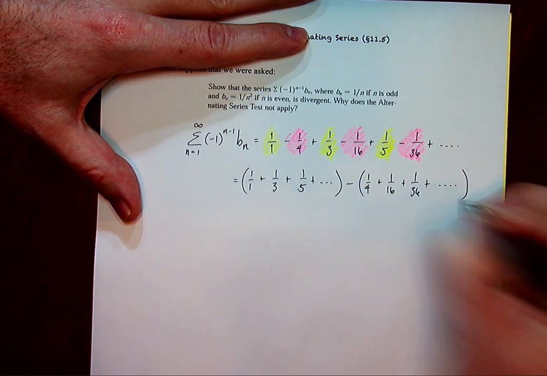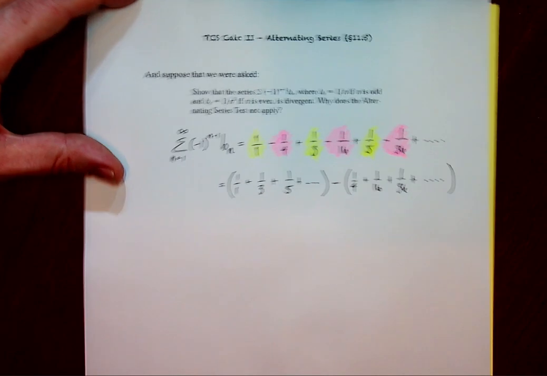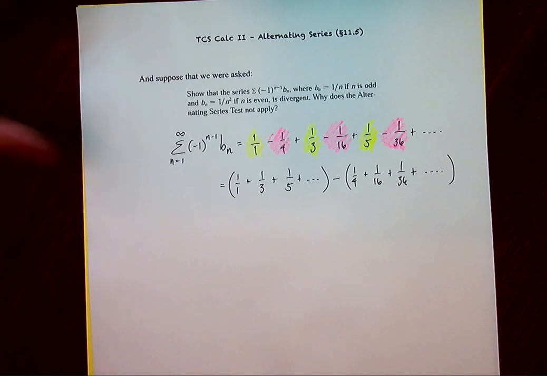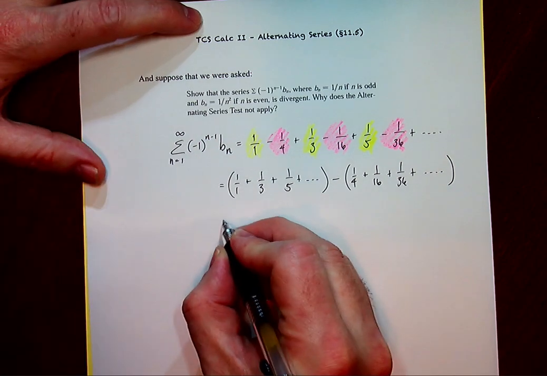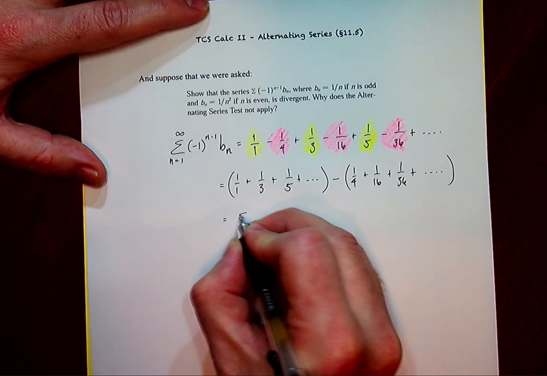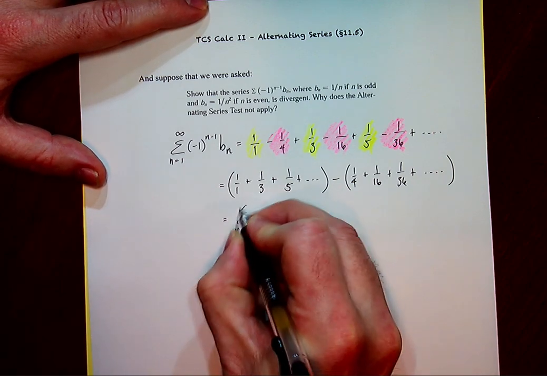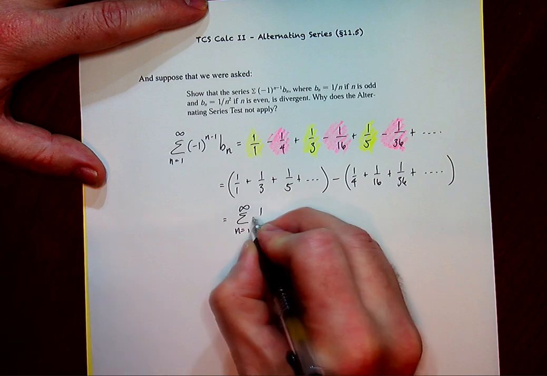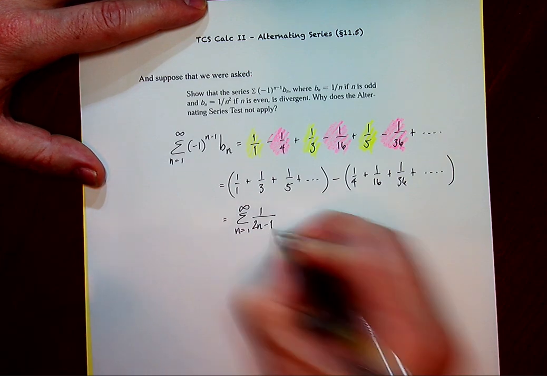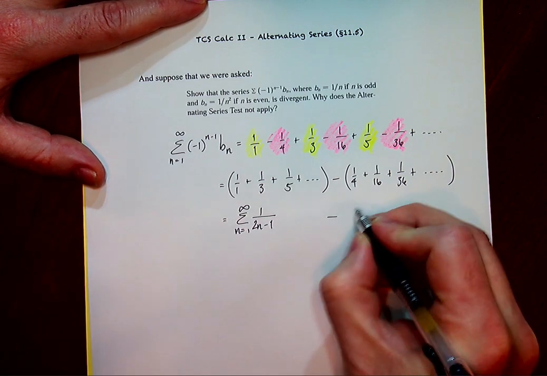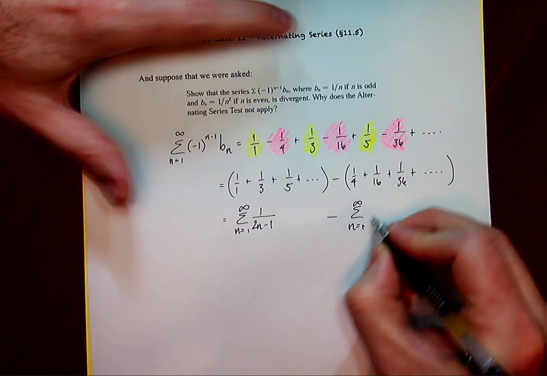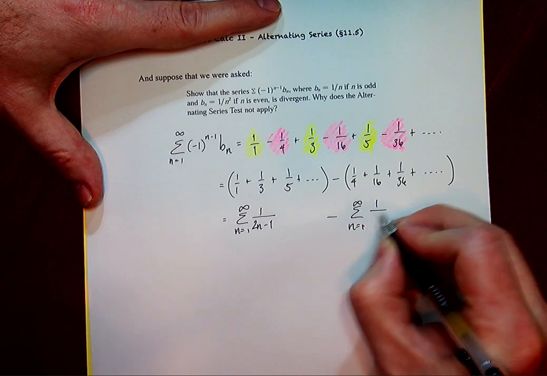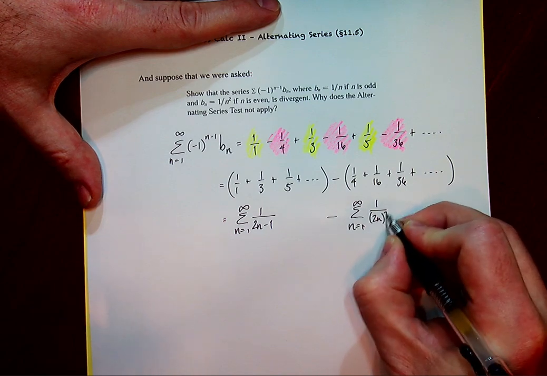And that's what it looks like if you split it up, because really two things are going on. So this does wind up being the sum of two different series. You could represent it as 1 over 2n minus 1 minus 1 over 2n squared.